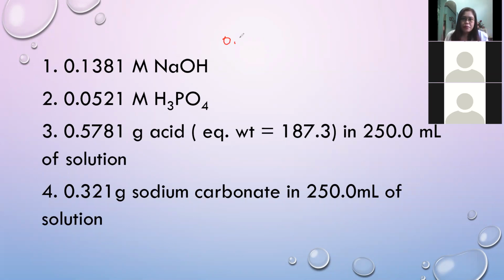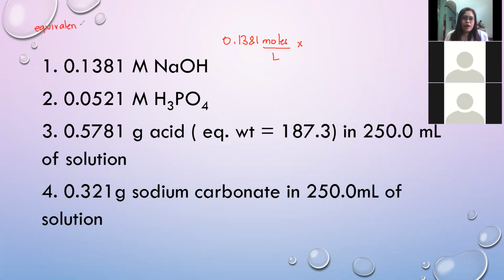We will have 0.1381, but when you compute, class, we don't use the capital letter M and the small letter N because we can't cancel the units. Therefore, we will be using their equivalents, like for molarity that will be moles per liter. And then, to convert this into normality, we will just use the equivalence factor.